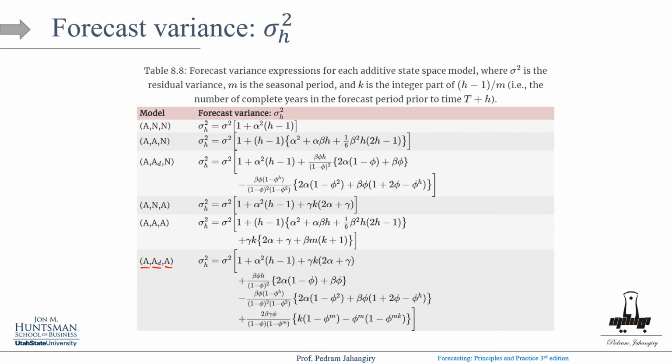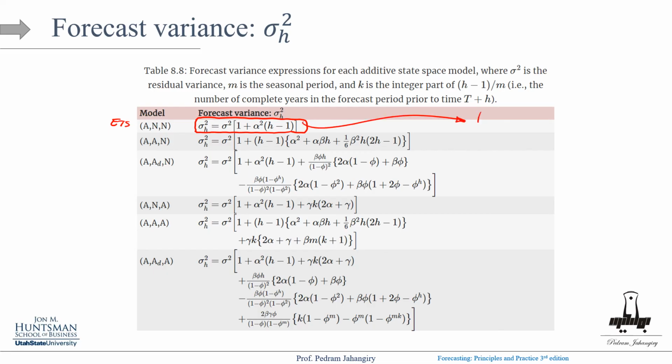It's not that difficult to derive these formulas, but obviously you can see it's not as straightforward either, right? So for example, we can talk about this one. This is our simple ETS A, N, N model, right? And then what does it say?